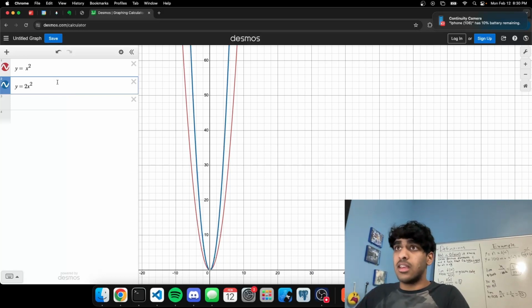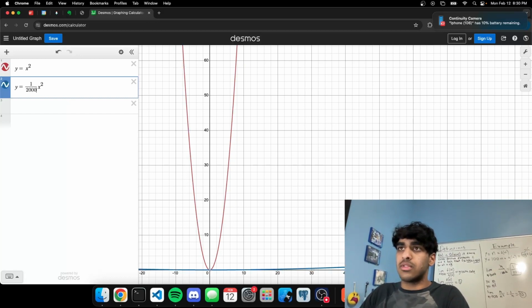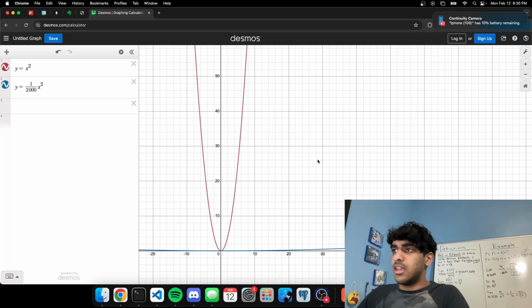So let's make one really wide, with 2,000. Here you can see that x squared has a much higher growth rate than 1 over 2,000 x squared.